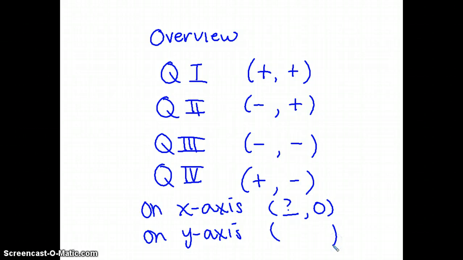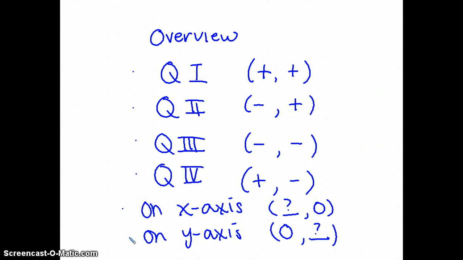If you will be on the y-axis, you will be not moving left or right, so you will have a 0 value, and you will be moving up or down on the y value. So when we look at this, we have 6 possibilities. Your points could end up in the 4 quadrants, or it could end up on the x or y axis.